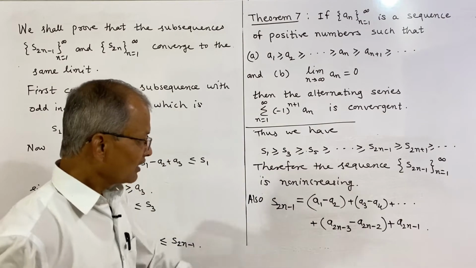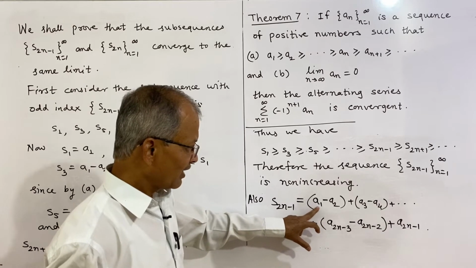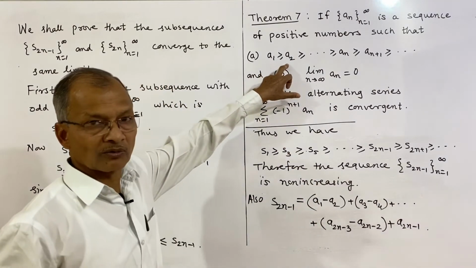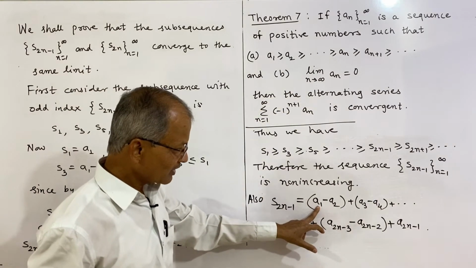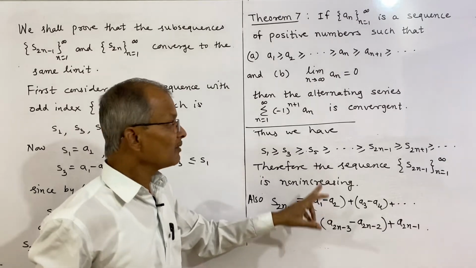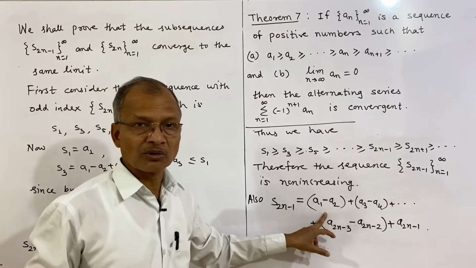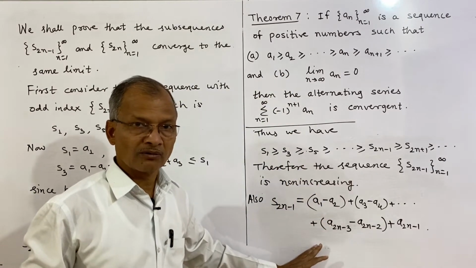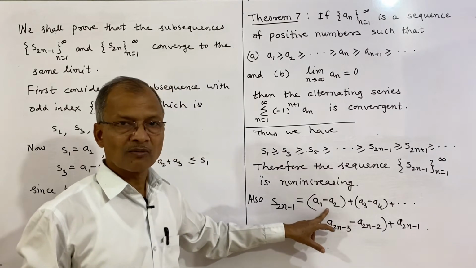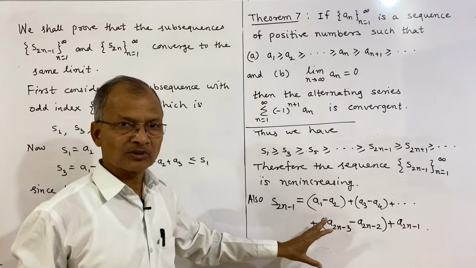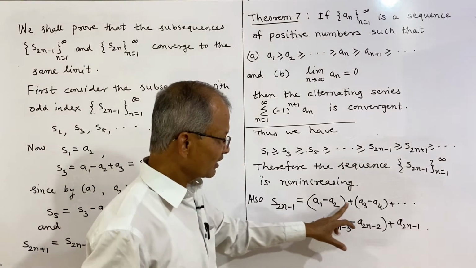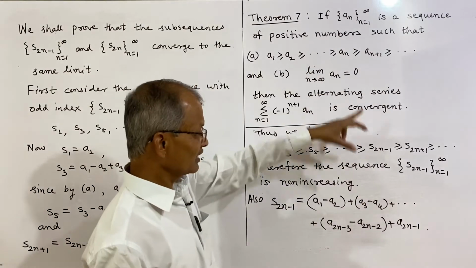Now, you see the bracket a1 minus a2. This a1 is greater than or equal to a2, and therefore this quantity is non-negative. If they are equal, then that will be 0, but it will not be negative, or if a1 is strictly greater than a2, then this is positive. So, either 0 or positive, and therefore we use the word non-negative. Similarly, this is non-negative, the same relation holds.